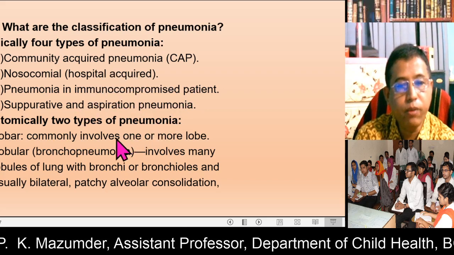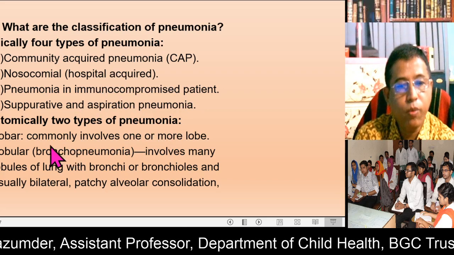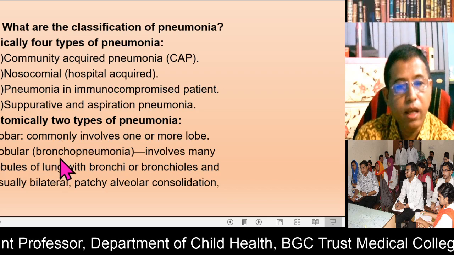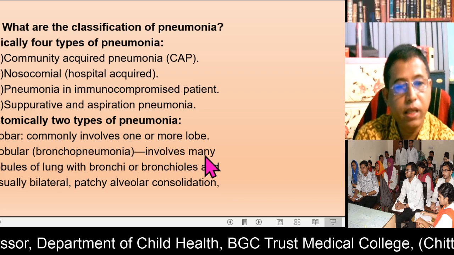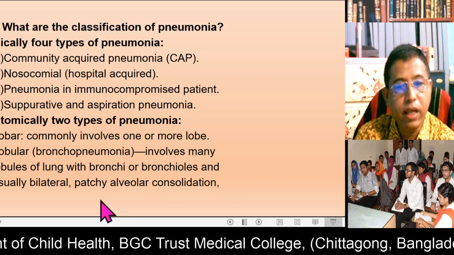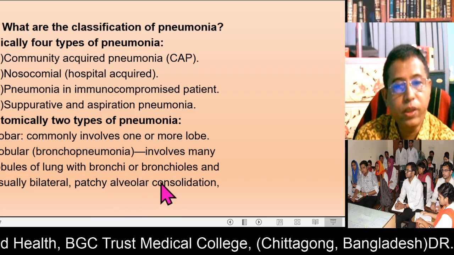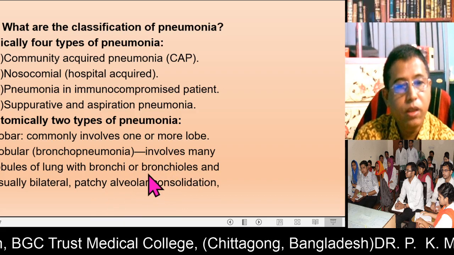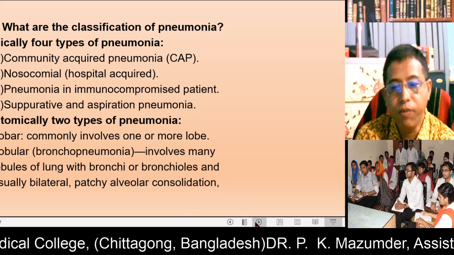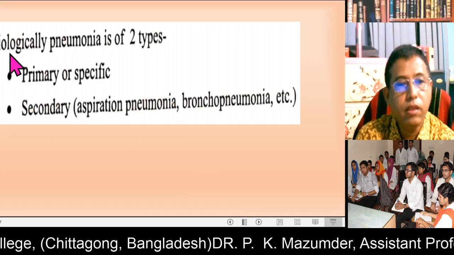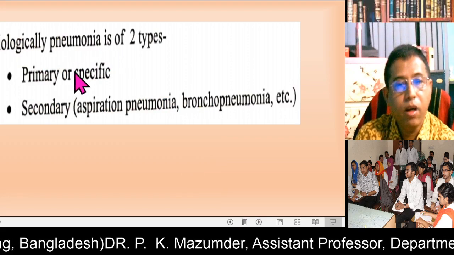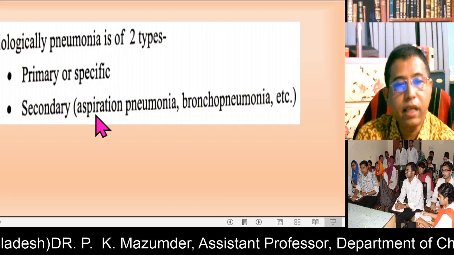Anatomically, 2 types of pneumonia: lobar, which commonly involves one or more lobes, and lobular, which is bronchopneumonia, involving many lobules of the lungs with bronchi or bronchioles, and usually bilateral alveolar consolidation. And etiological classification of pneumonia: 2 types, primary or specific pneumonia, and secondary, that is aspiration pneumonia.